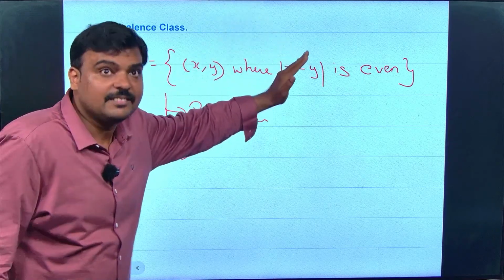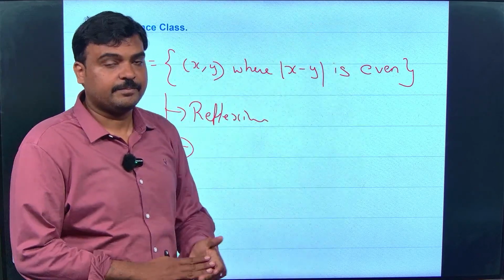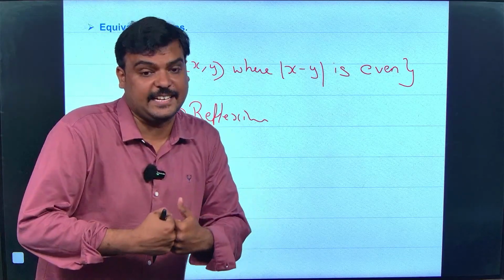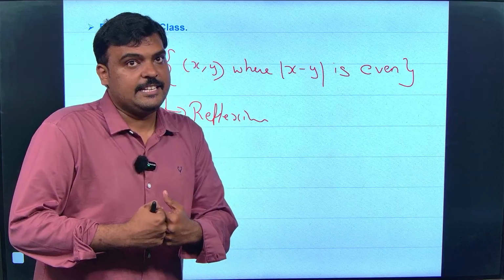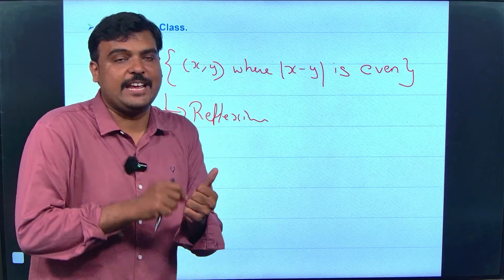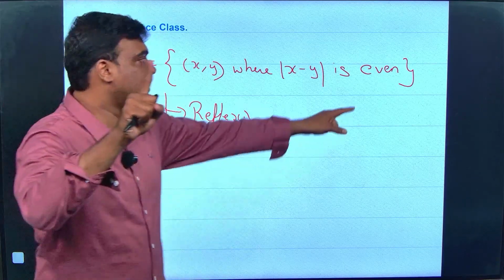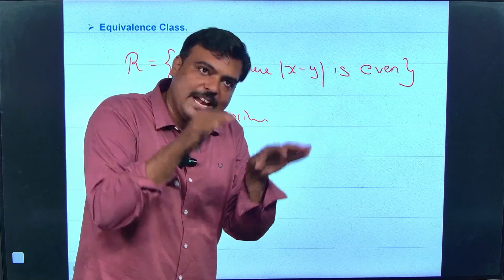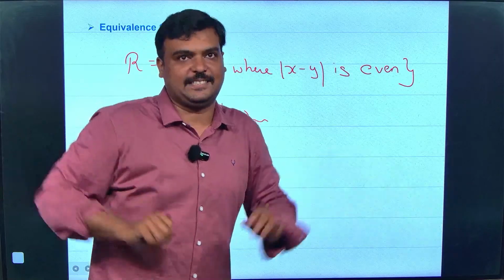In case 5 comma 4, it won't be selected in the relation, because 5 minus 4 is 1, and 1 is not even. So 5 comma 4 will not come into the relation at all. So no need to worry about that.